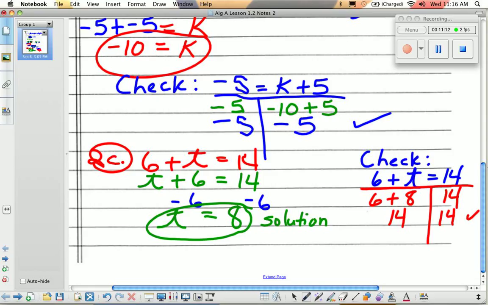Did it check out? Yes, it is. Okay, cool. Okay, that's it. That's all we're gonna do now. You can get to work on your homework.